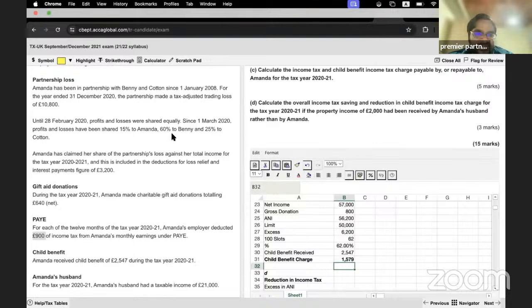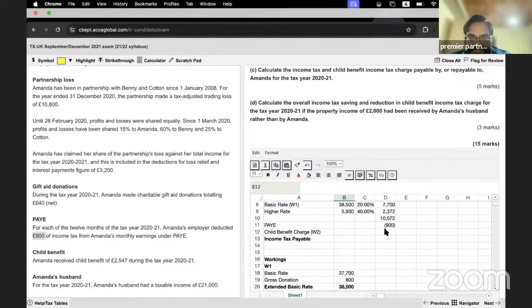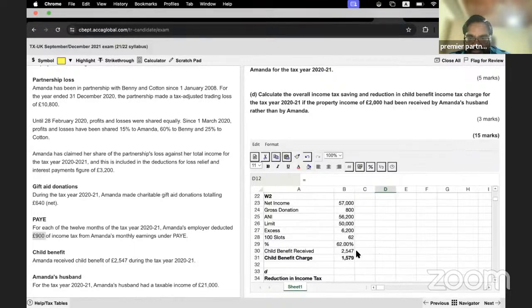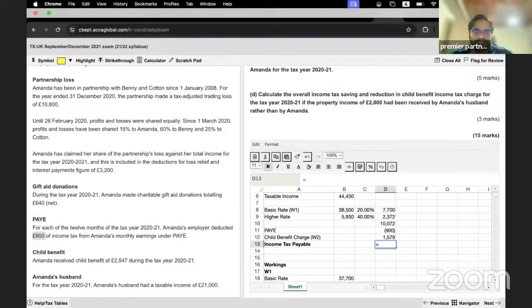Right. So I am going to link this also to my main working. So now my overall income tax liability would be 10,751.